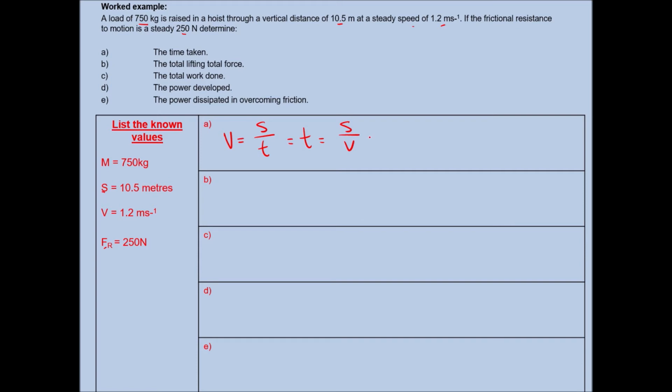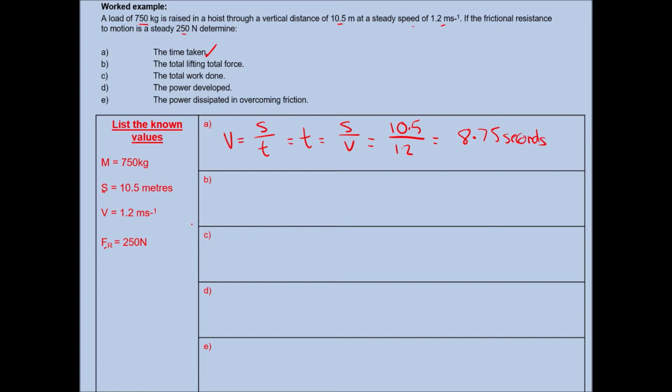So we've got time equals distance divided by velocity. The distance taken from our list is 10.5 divided by our velocity, which is 1.2. You can pop that in your calculator, and we'll get an answer of 8.75 seconds. Okay, so we've got time taken there.